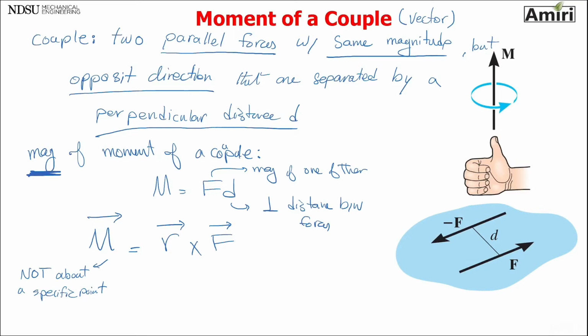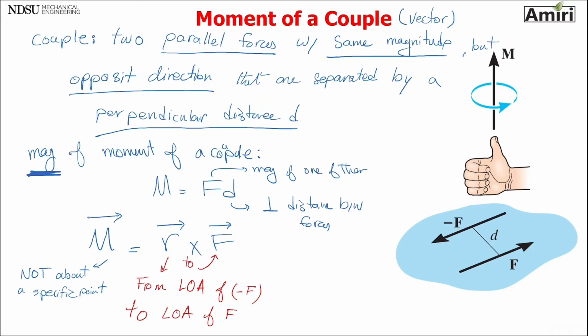The position vector is from the line of action of minus F here, I should say, to the line of action of F. So you always start from the force that you are not including here and go to the one that you're putting here.